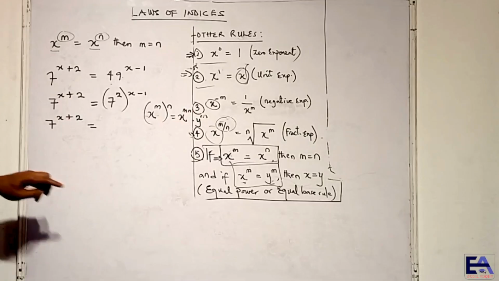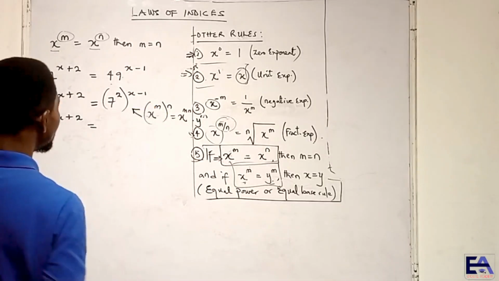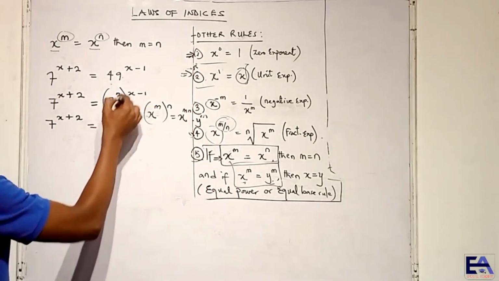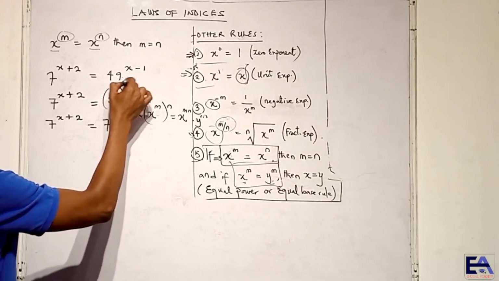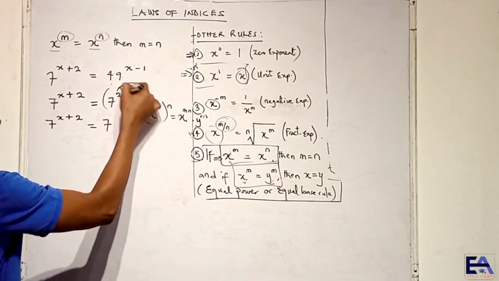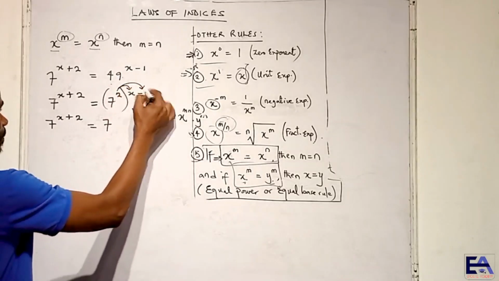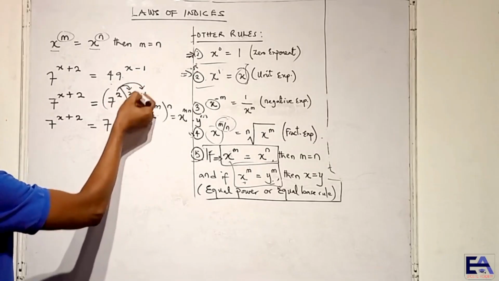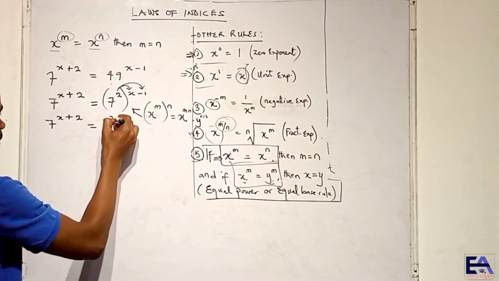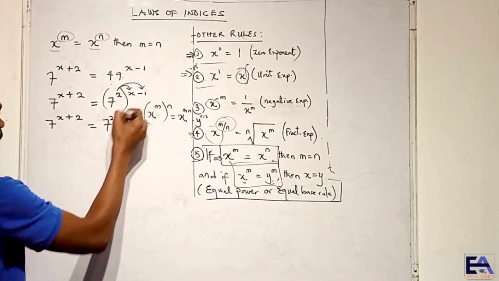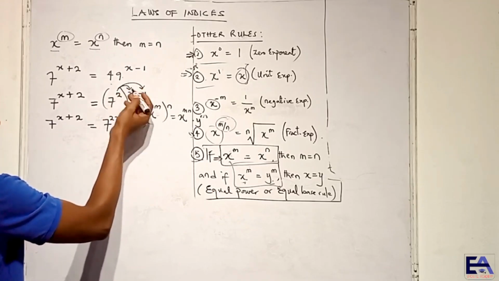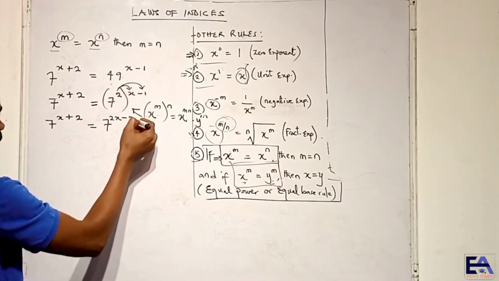So that law is what we are going to apply here. So we have 7, then these two will multiply this power outside, so we assume there is a bracket here. 2 times x will give you 2x, then 2 times minus 1 will give you minus 2. Okay, plus times minus is minus, 2 times 1 is 2.